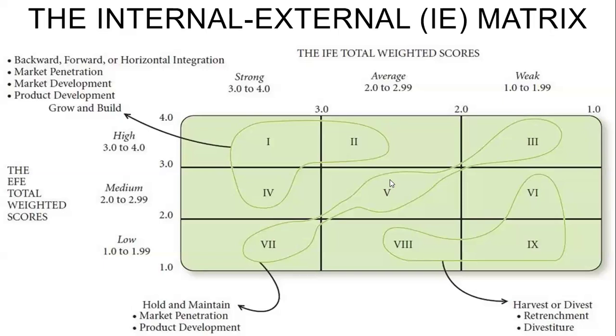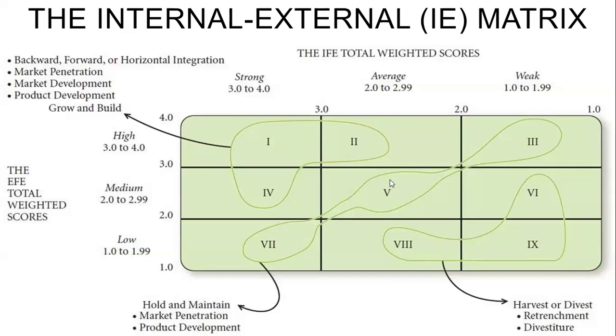The challenge with this IE matrix is that it can only be plotted when, one, you have conducted the internal and external factor assessments. And once you are able to conduct it, then you plot the outcomes depending on the region it will take you to.